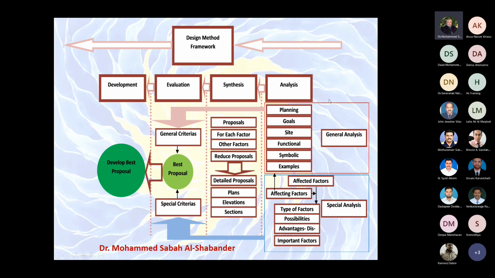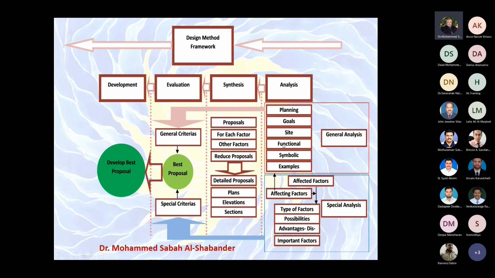After we finish this stage, the analysis, we can go to the synthesis. In the synthesis, we ask the student to give us the proposals, and for each factor to give a solution. Like for the site analysis, there are some problems, and they solve these problems.